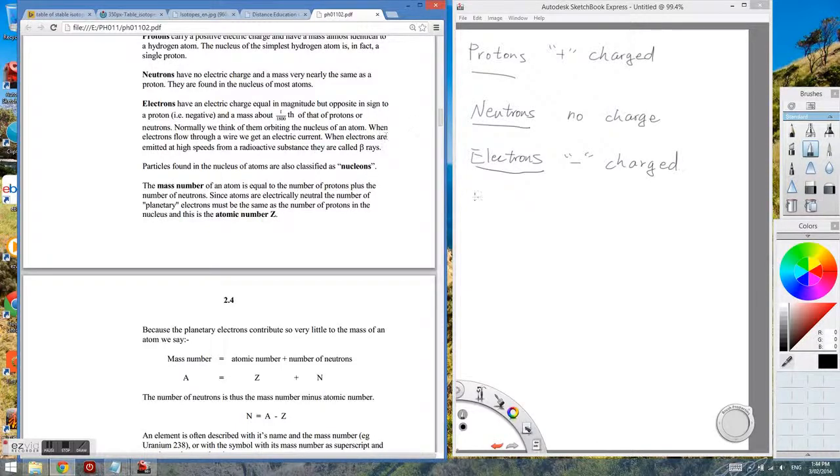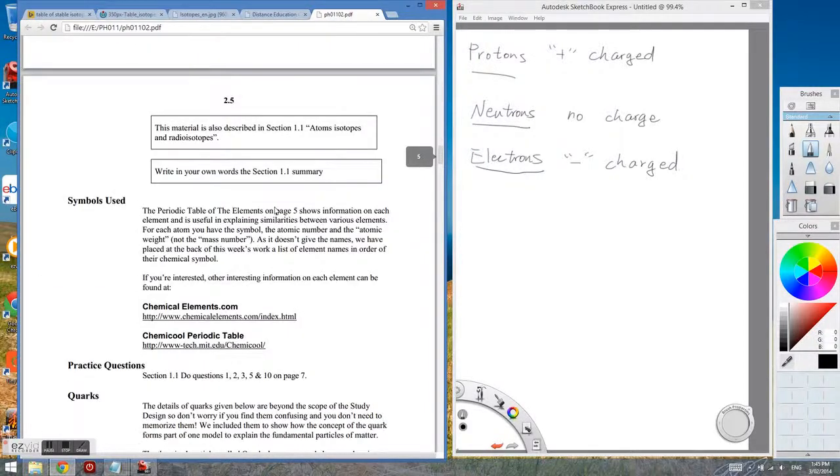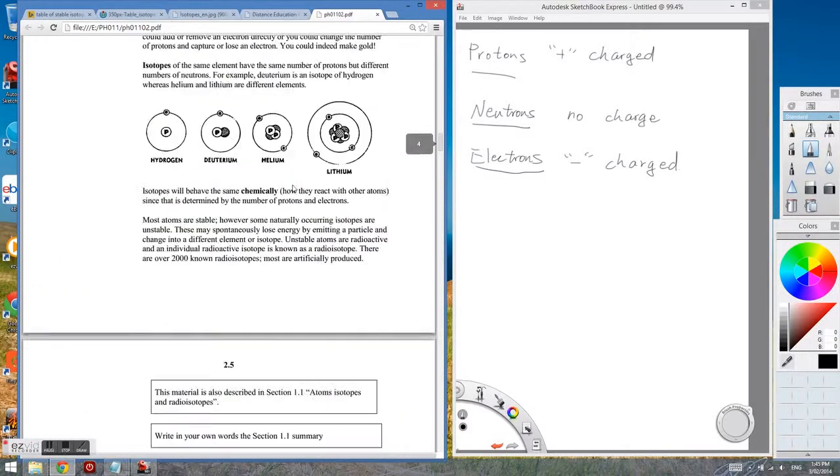Now, as we said in the video, for every atom from the periodic table, there will be a mass number. So I show you.